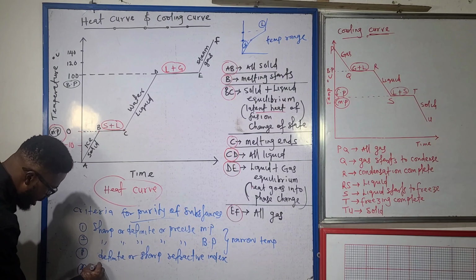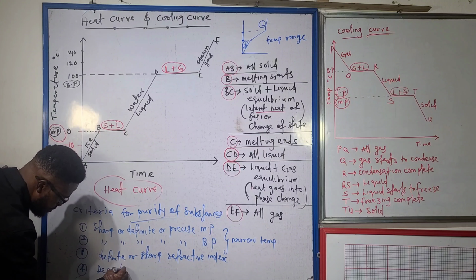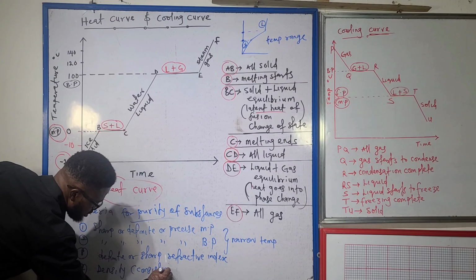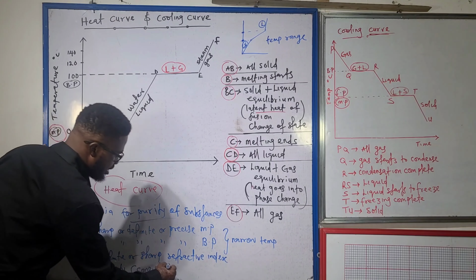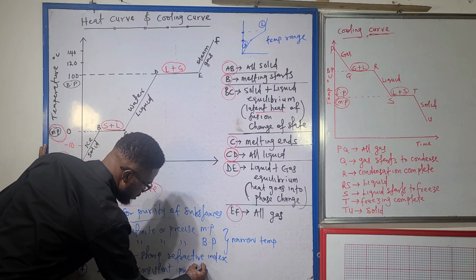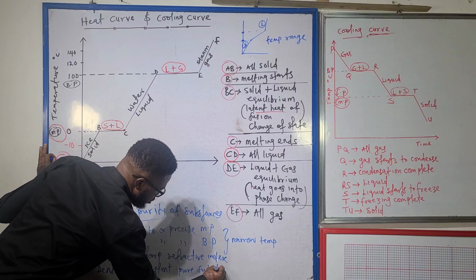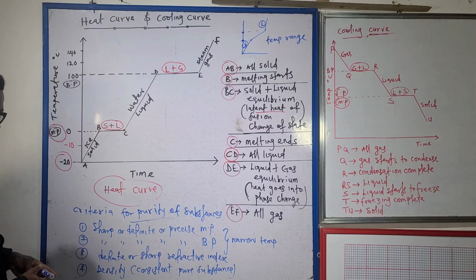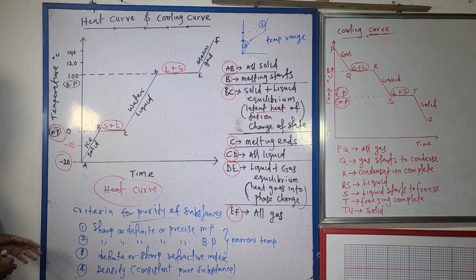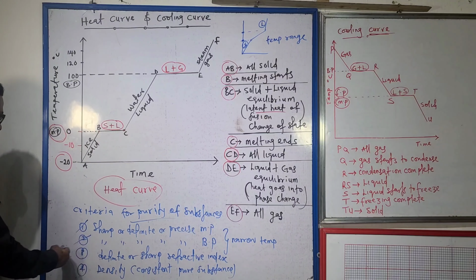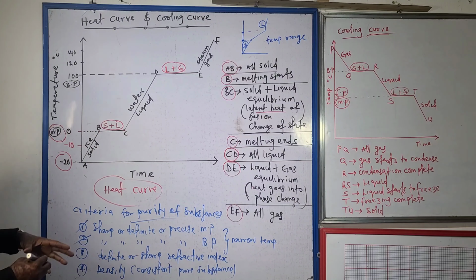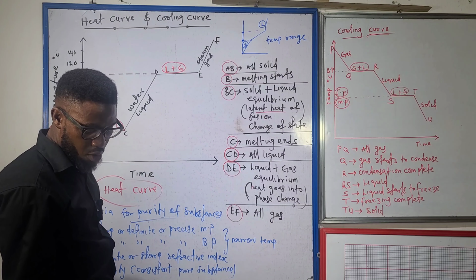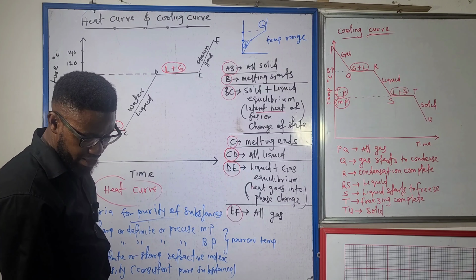Also, we can use density, which in this case must be consistent with the pure substance. So these are the four criteria for purity, but emphasis is on the first two. When a substance is pure, the melting point temperature and the boiling point temperature must be precise.